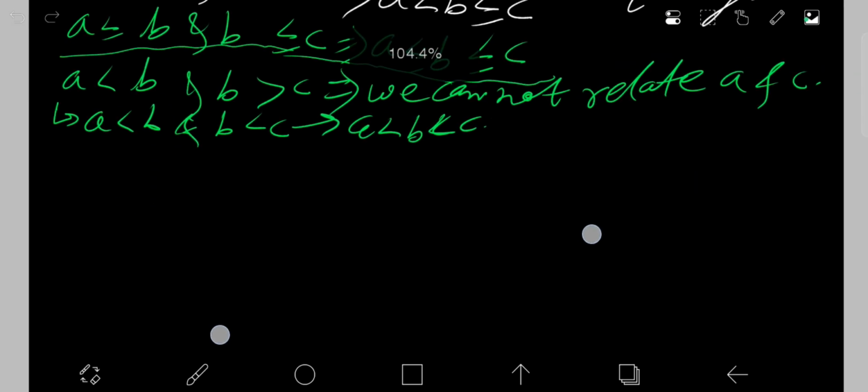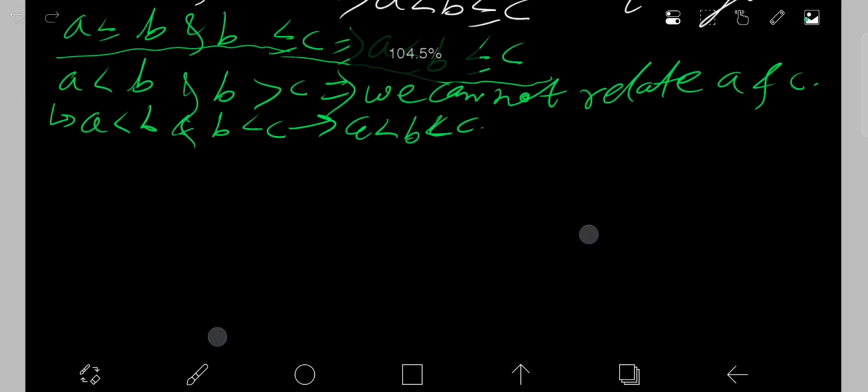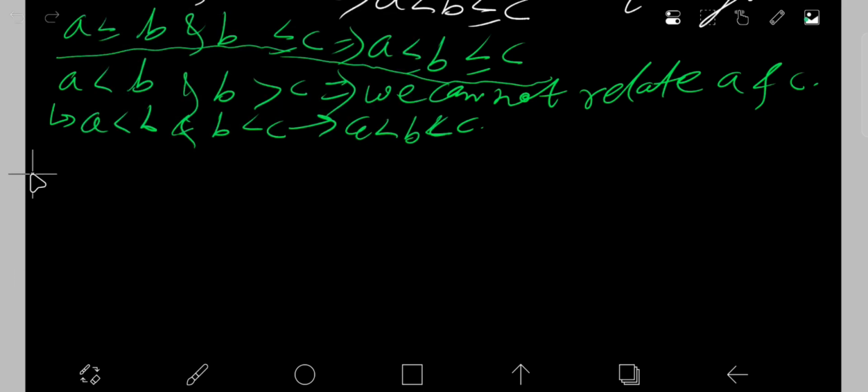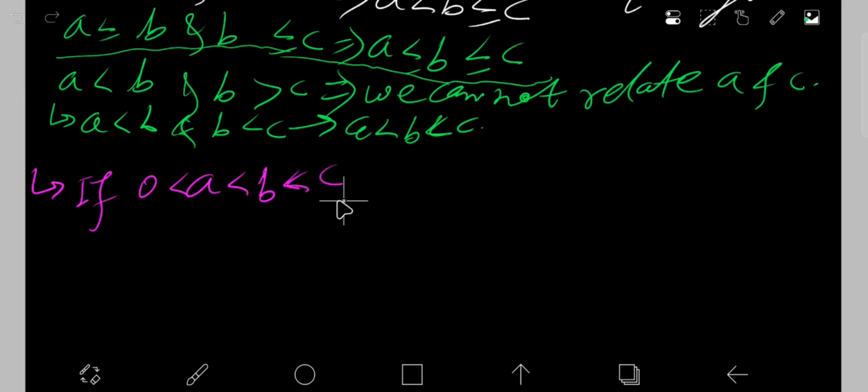So here we try to understand this one. The next property: if a is greater than 0, and b is greater than a, and b is less than c, meaning c is greater than b, then this type of property also applies.